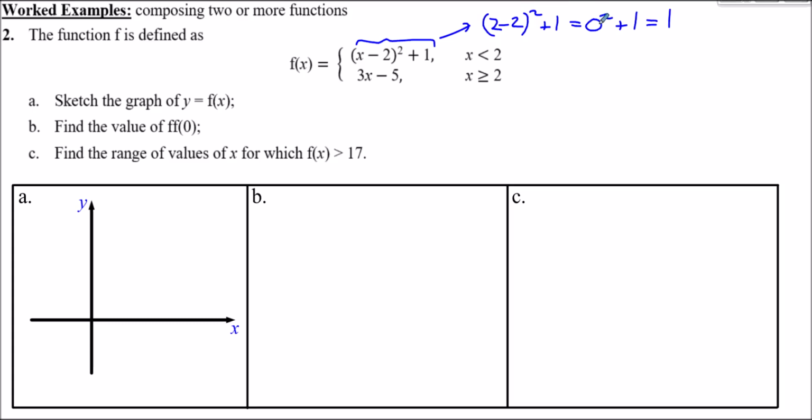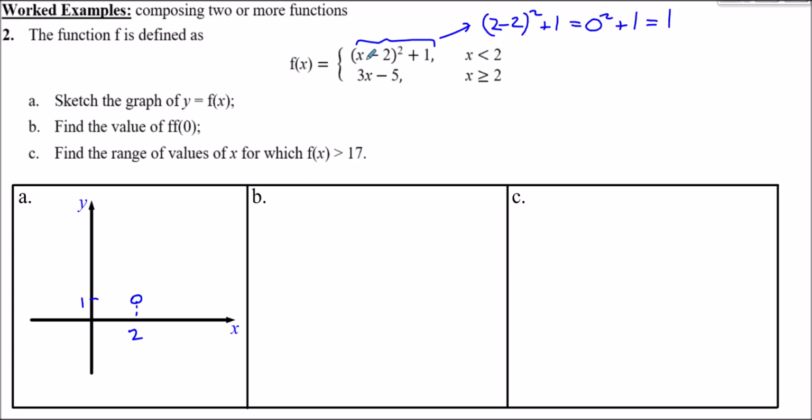When we square something negative and add 1, it will come out to be more than 1. The turning point here would be (2, 1), because this is in completed square form. So the lowest it would be going would be at 1, where x is 2. But of course, because this one is x less than 2, we can't actually quite have that, so we fill in a hollow circle.